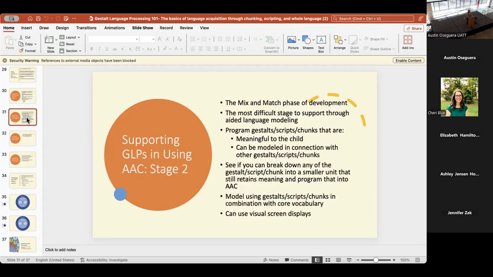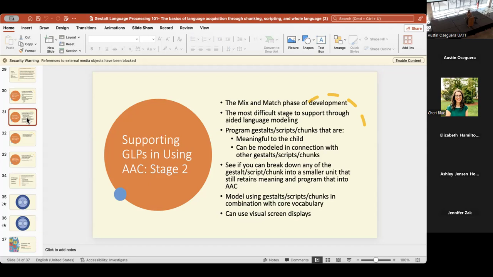In stage 2, when we're getting into mix and matching, this is the hardest part. This is the hardest stage for using AAC because it's really hard to program the breakdown of scripts, right? We can, and it has to kind of happen naturally.